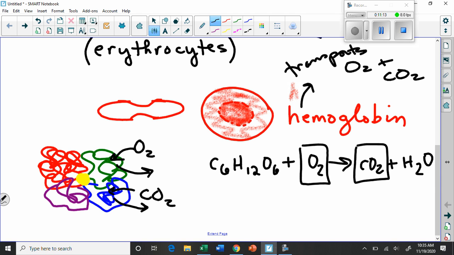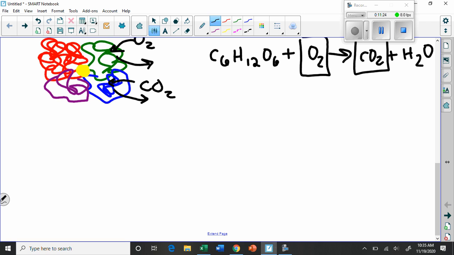All right. We also have something called white blood cells. White blood cells are a little more complicated to describe because they have a couple of different roles, and they have a couple of different names. So let's just write white blood cells.